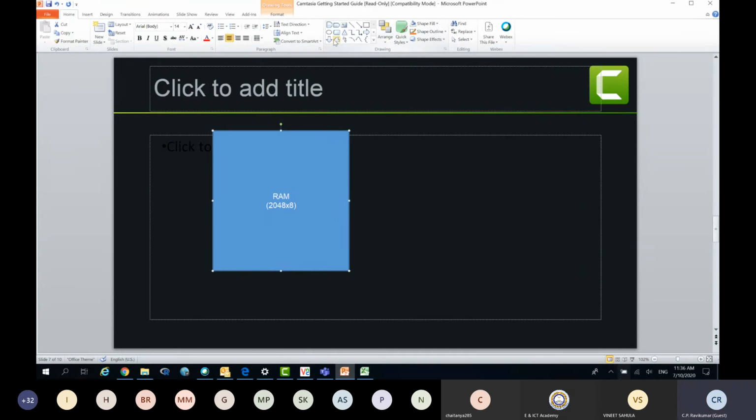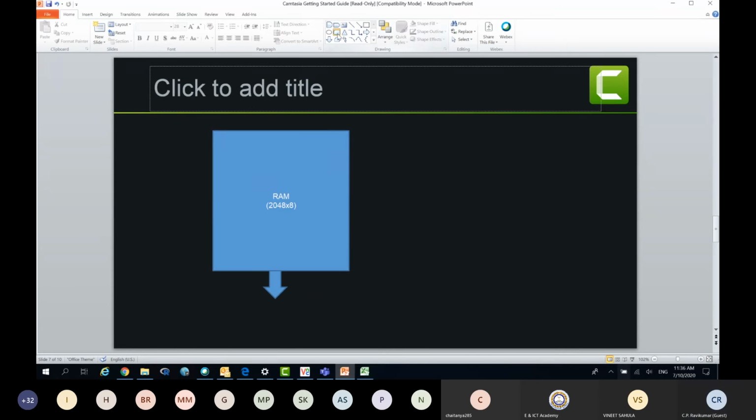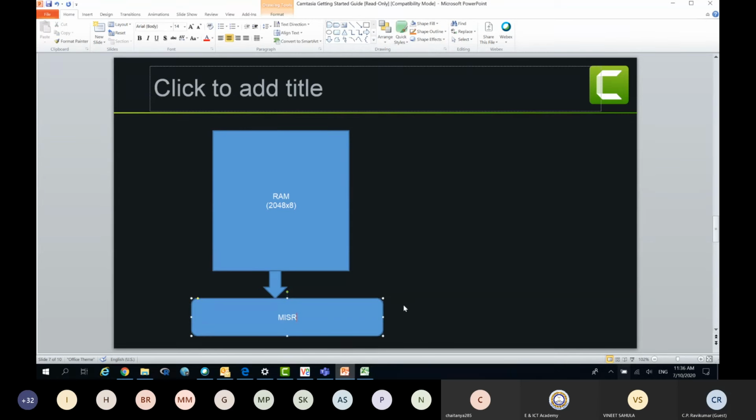So these 8 bits that are coming out, I can give it to an MISR. And that will give me a signature.